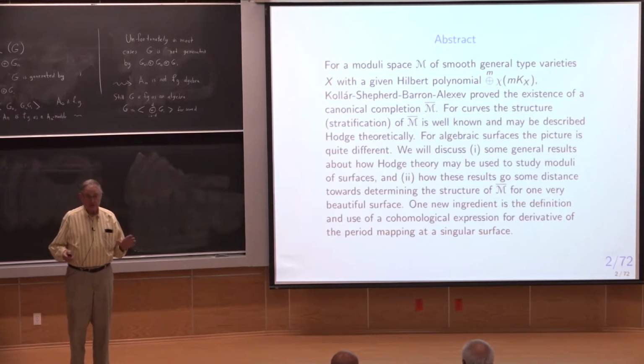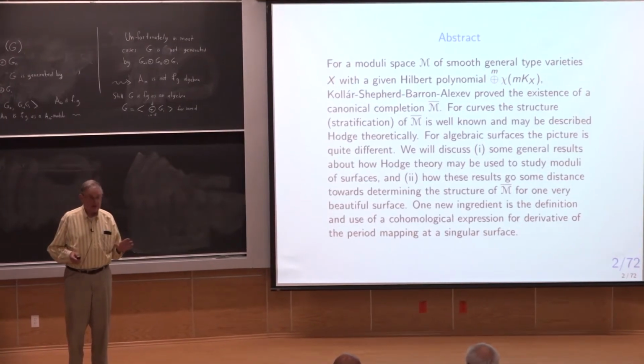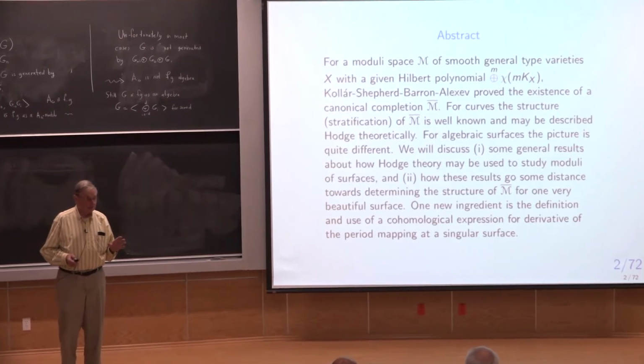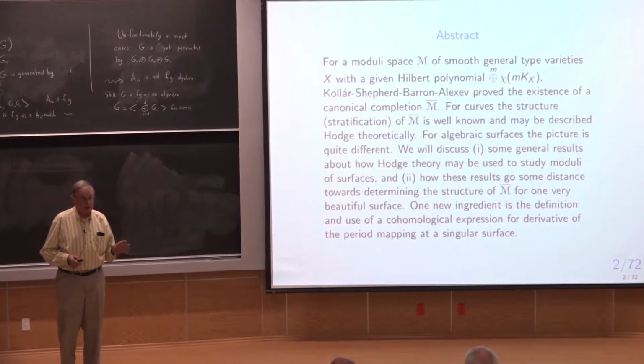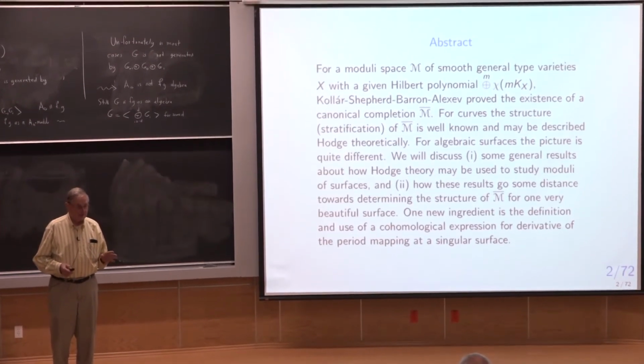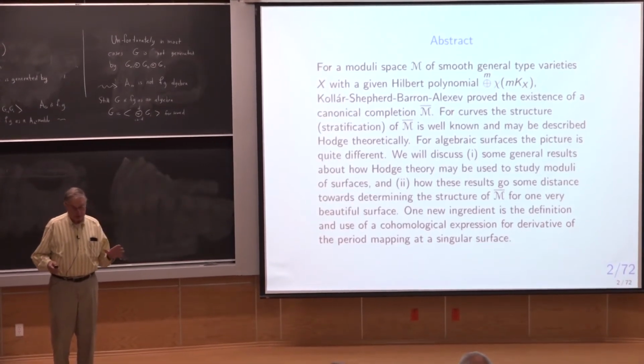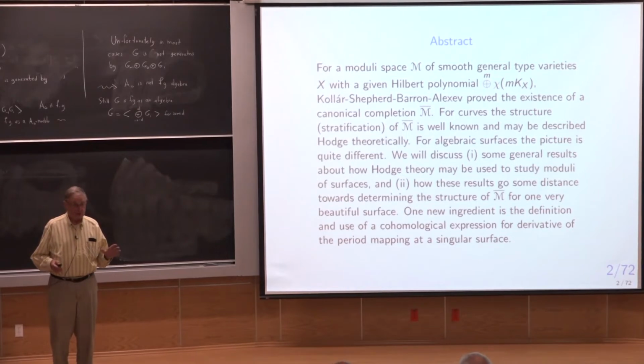For algebraic curves, this is a very classical story going back, well, beginning with Riemann, but especially beginning with Mumford and others in the 60s. The global moduli space of algebraic curves of a given genus is a very beautiful and well understood object.